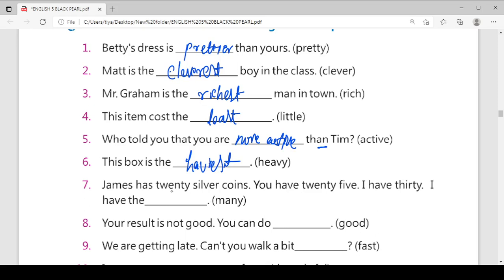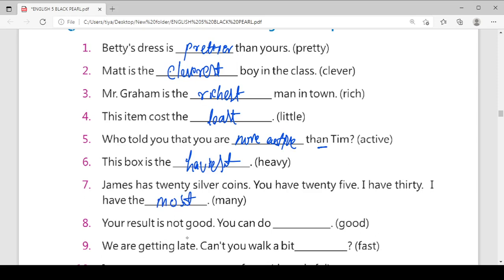I have 30. I have many, more, or most. So James has 20 silver coins. You have 25. I have 30. I have the most.